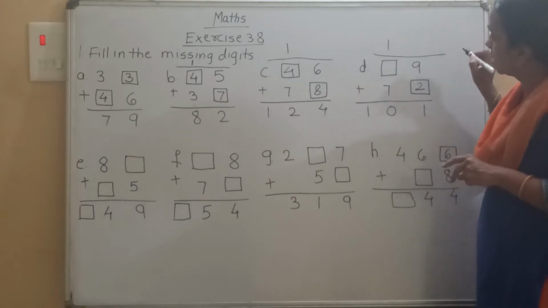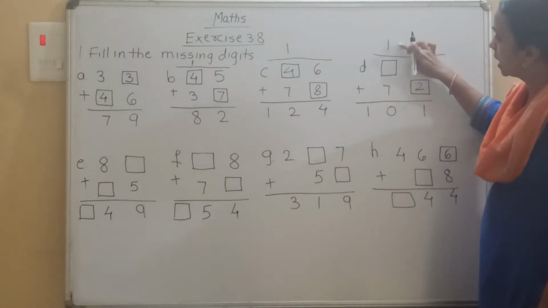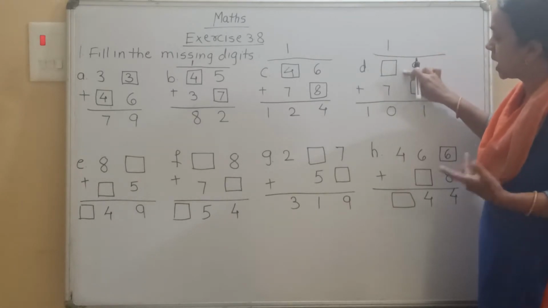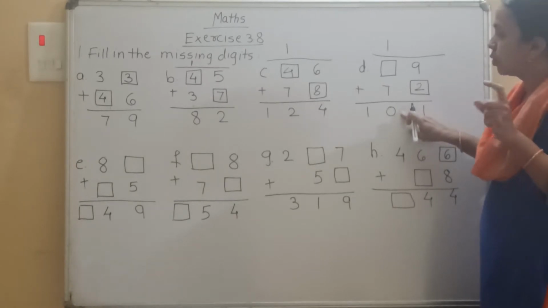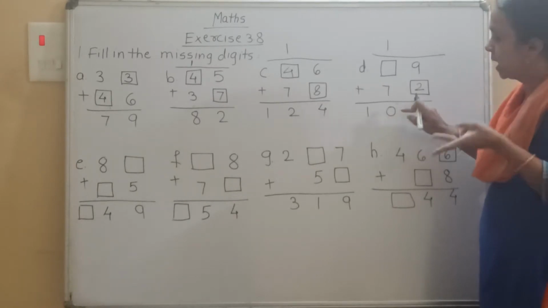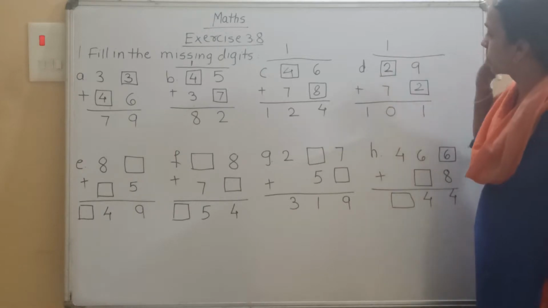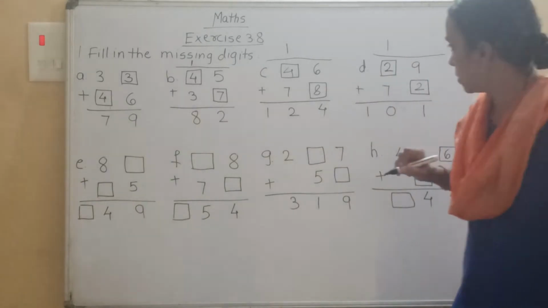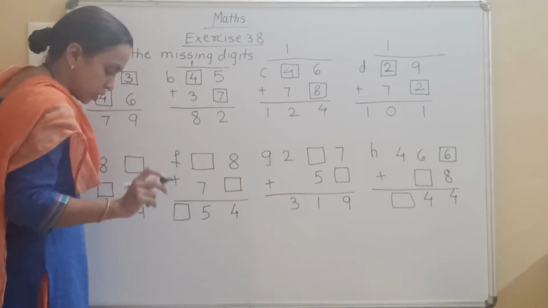So write down here 1 carry. Okay. Now see 7 plus 1, 8. 8 plus how much equal to 10? 8 plus 2, 9, 10. 8 plus 2 equal to 10. So write down here answer 2. Okay. So this is our D question.